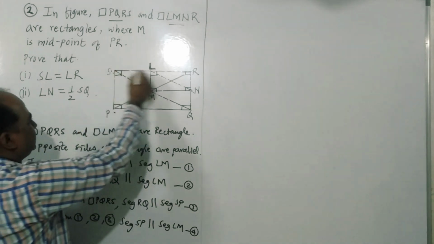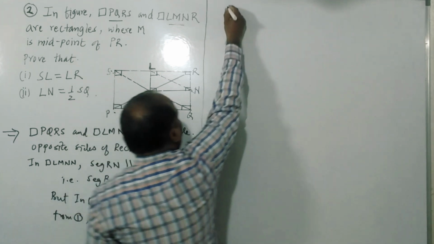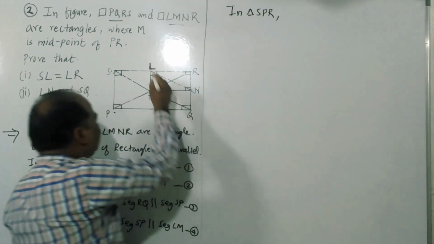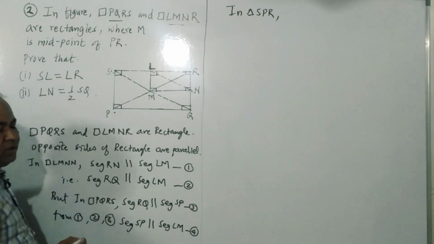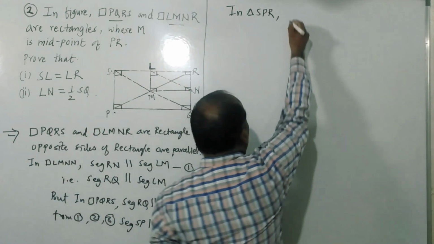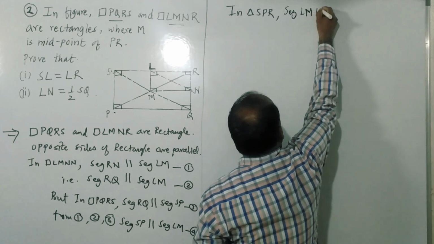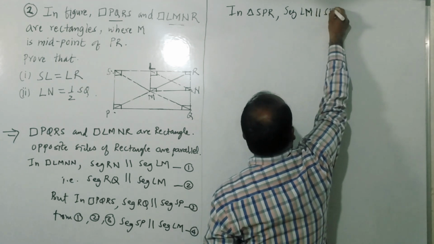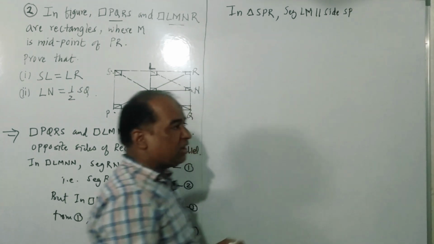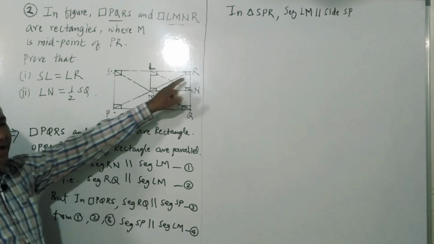Now we'll consider triangle SPR. In this triangle SPR, segment LN is parallel to SP. From 4, segment LN is parallel to side SP of triangle SPR, and M is the midpoint of side PR.